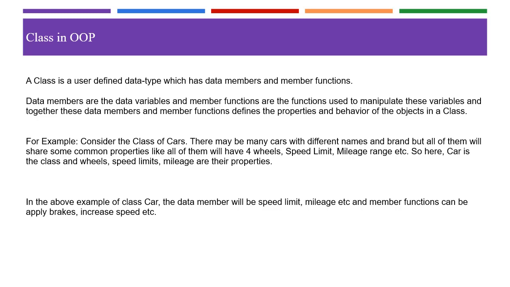For example, we have already seen this example. Here again I am adding that part. So consider the class of cars. There may be many cars with different names and brands, but all of them will share some common properties, like all of them will have four wheels, speed limit, mileage range, etc. So here car is the class and wheels, speed limit, mileage are their properties.